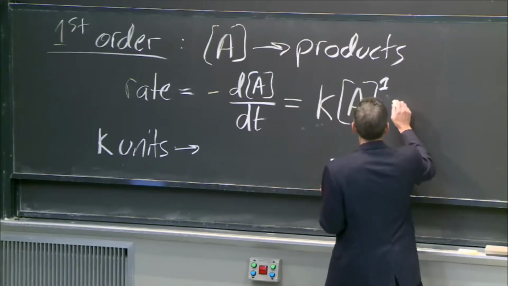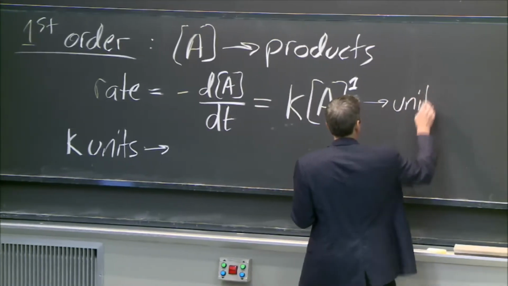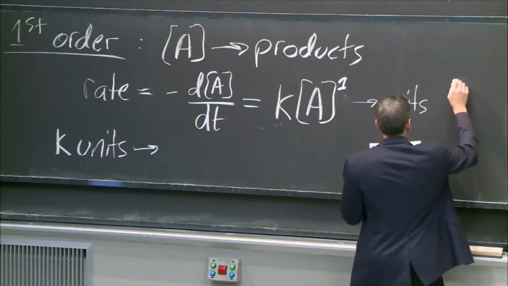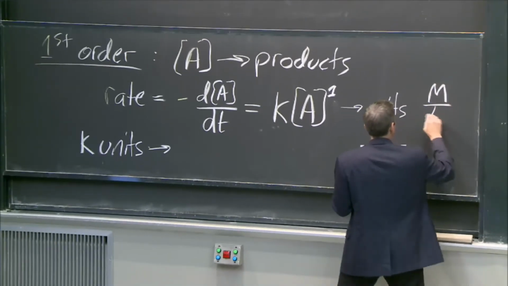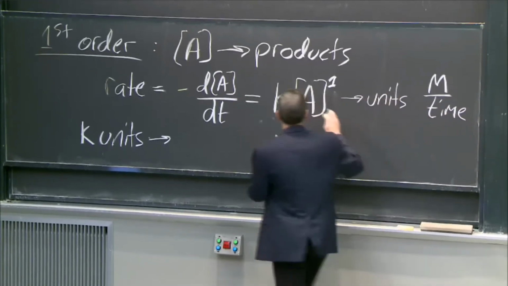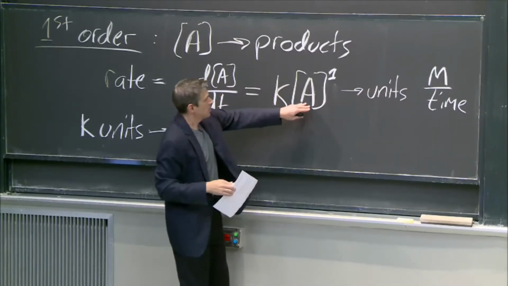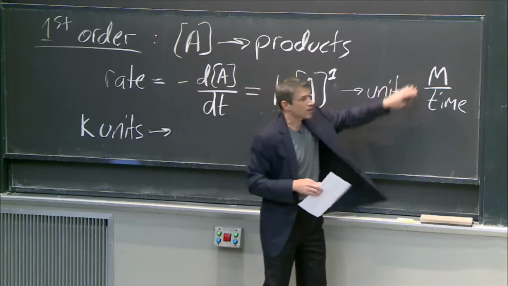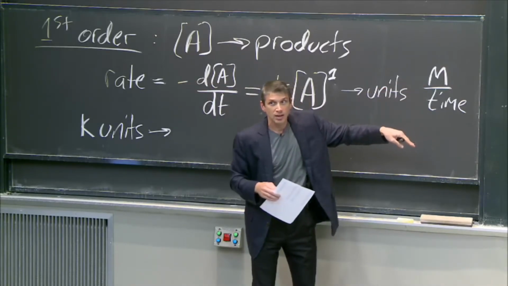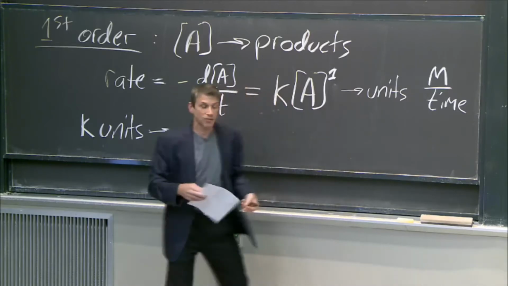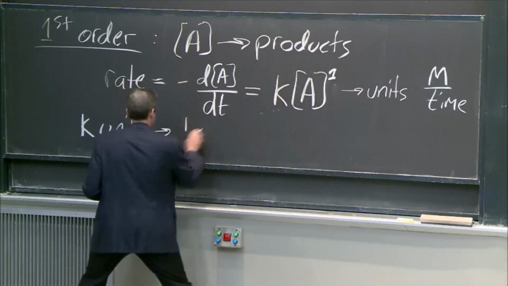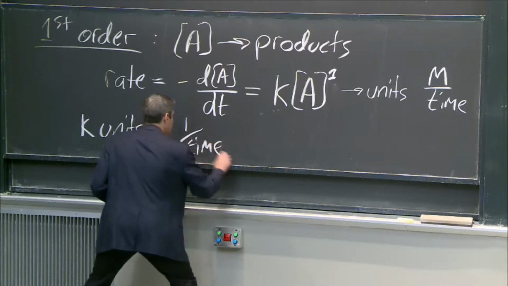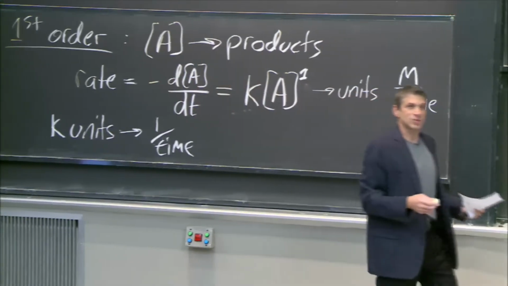Rate has units. The overall units are molarity over time. So now I've got K times molarity. That has to have units of molarity over time, right? And so K must have units of 1 over time.